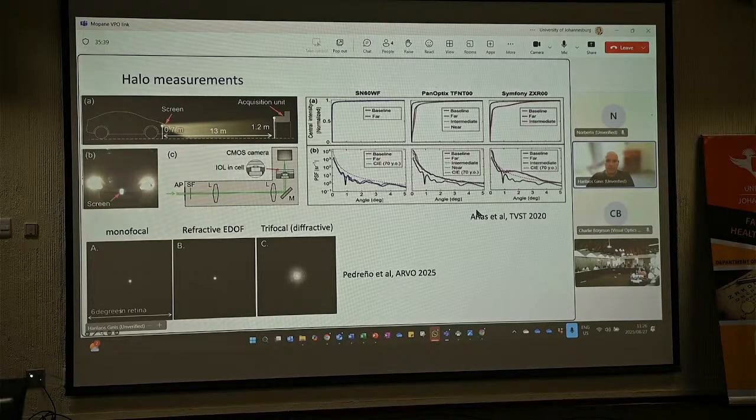For example, in this case, we have measured lenses and compared the mounted focus with the standard lenses, and you can see how much more you have in this size, or in this case, when we compare the around the core, let's say, of the PSF, or in different lengths.